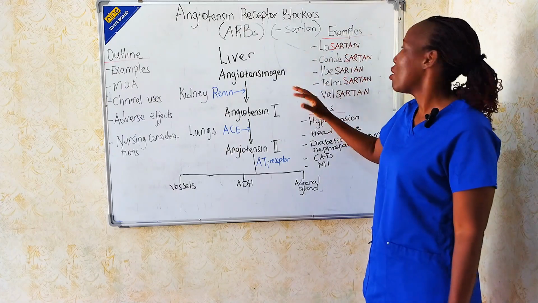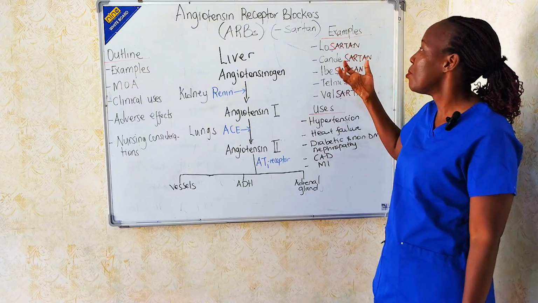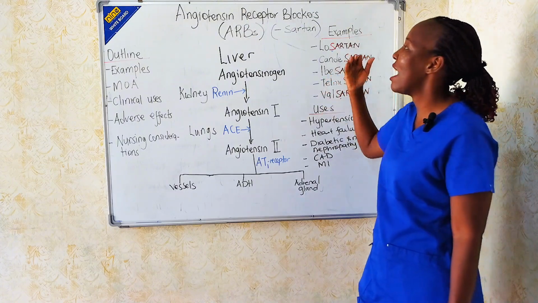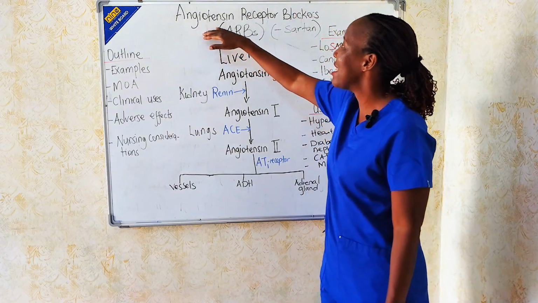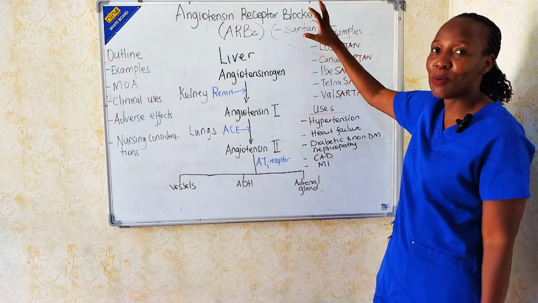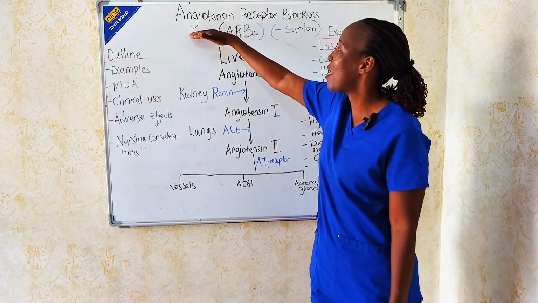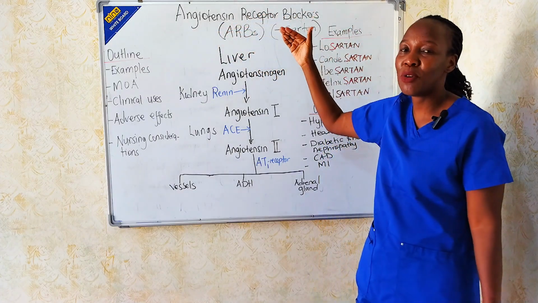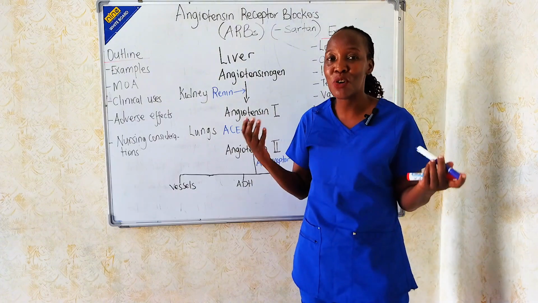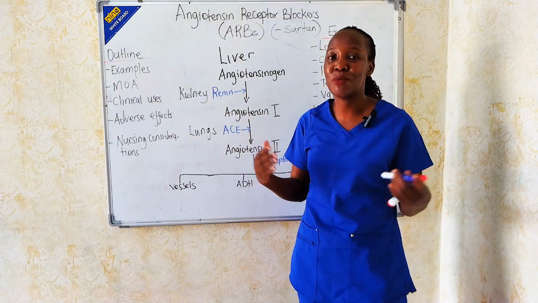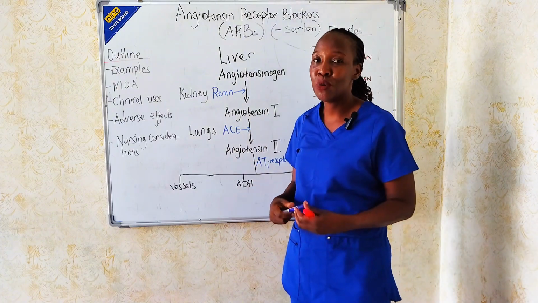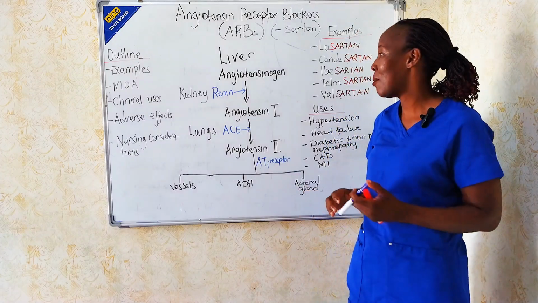If you find a drug whose name ends in sartan, you should be able to identify it and correctly put it under the class of angiotensin receptor blockers. Once you refer to them as angiotensin receptor blockers, then you'll easily recall the facts about those drugs, and it'll be very easy for you to say something about them.